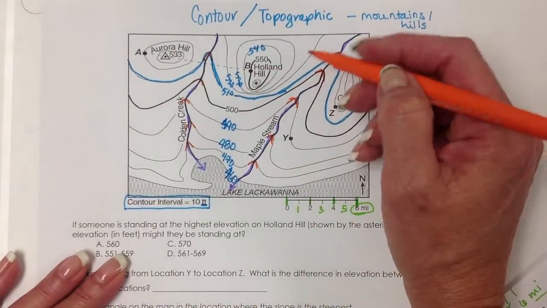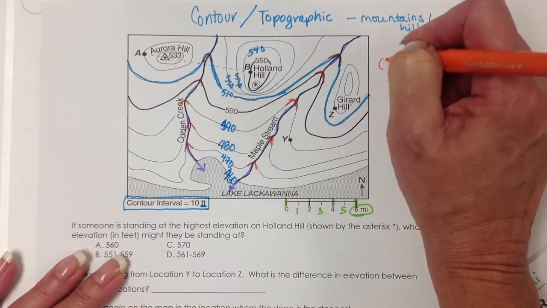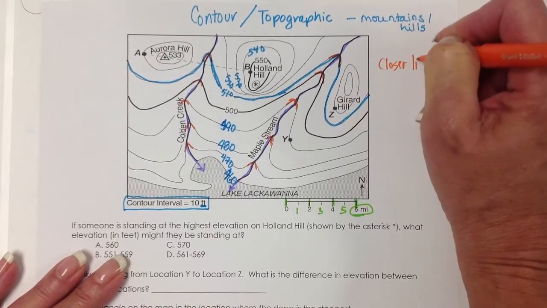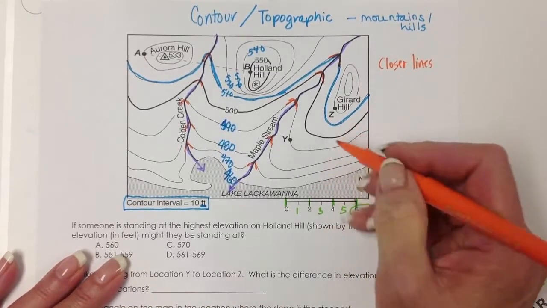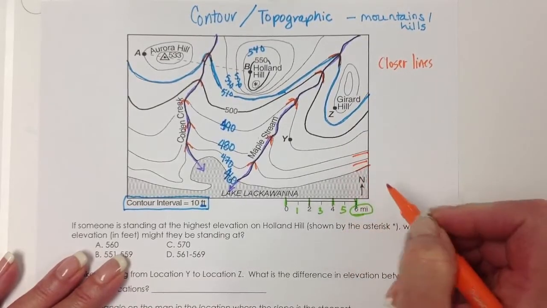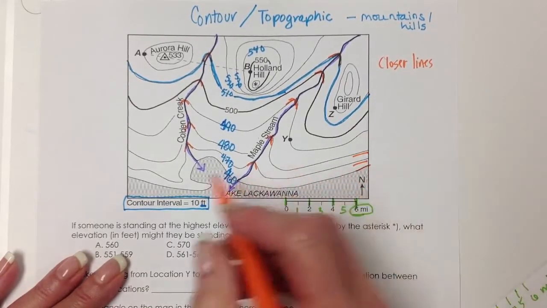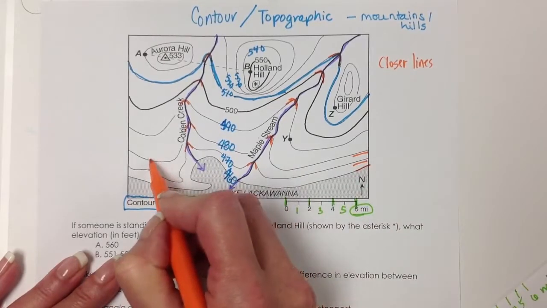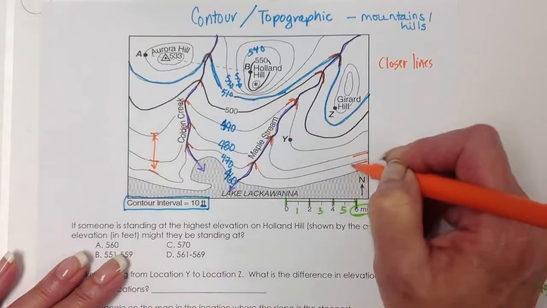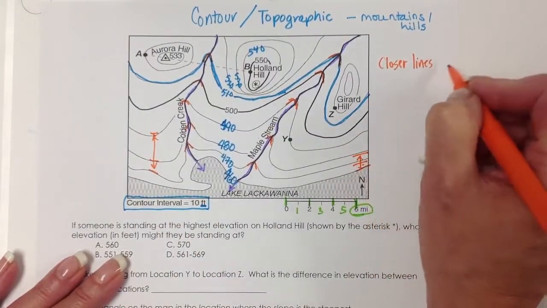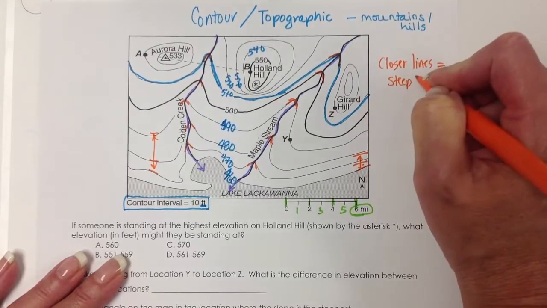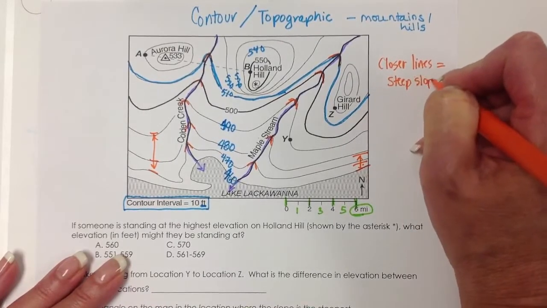All right. Another thing you need to know, close lines. So the closer the lines on a topographic map, for example, right here, you see they're fairly close, right? As compared to here, where they're spread further apart. The distance here is bigger than here. Close lines equal steep hills or steep slopes.